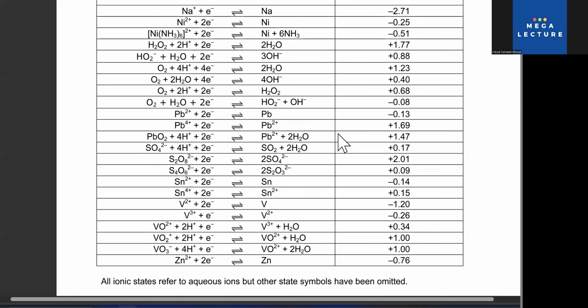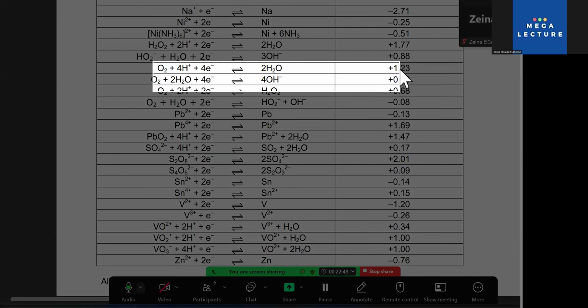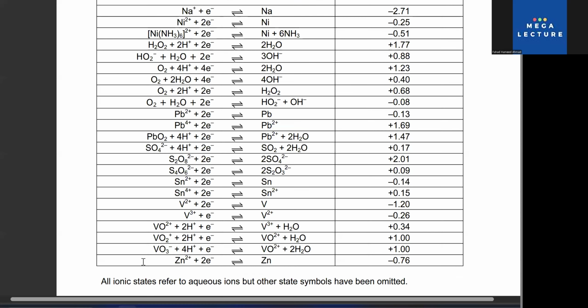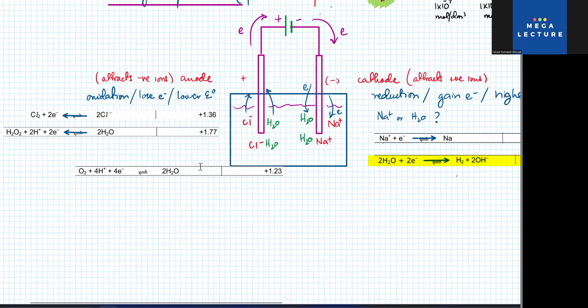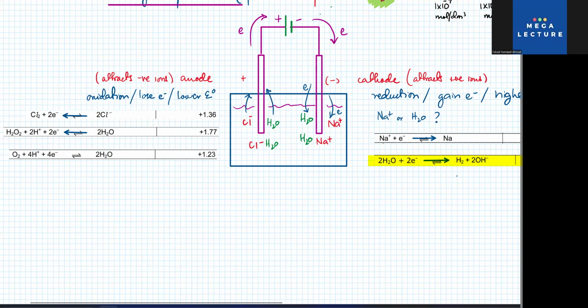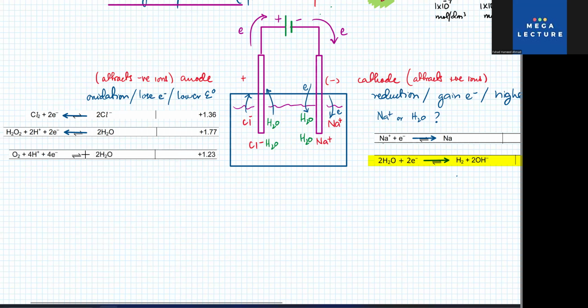And there's another one. There are two equations. That was the first one. There's another one where water is losing electrons, and that's this one. So in the reverse direction, it is losing electrons.